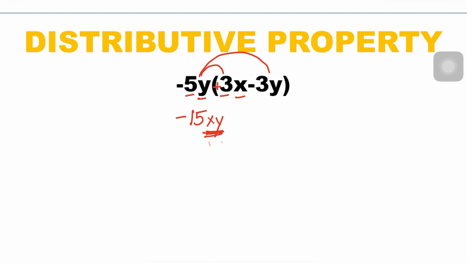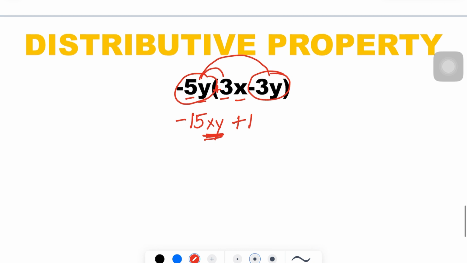Let's erase this one. Next. So negative 5y times negative 3y. So negative times negative, positive. Clear? Negative times negative, positive. 5 times 3, 15. Y times y, y squared. Law of exponents.